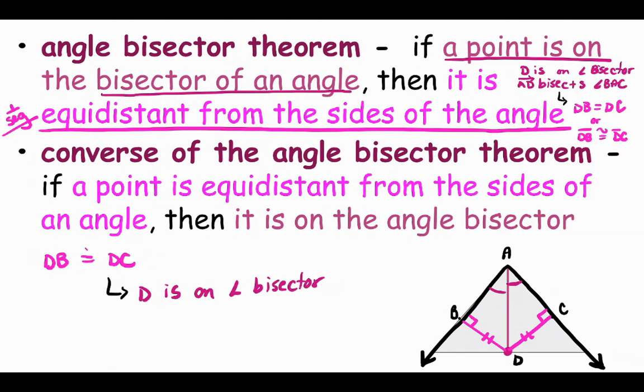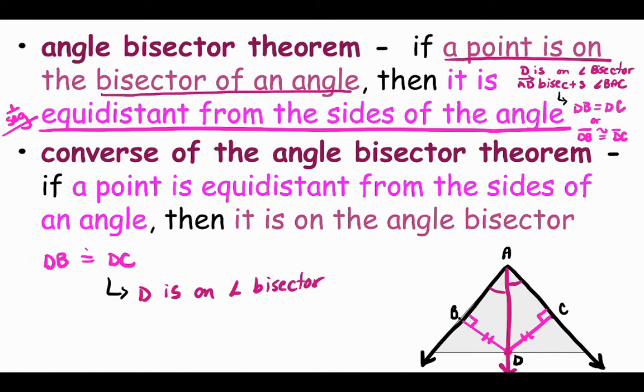Our angle bisector theorem. Remember our definition of angle bisector is a ray that divides our angle into two congruent angles. So our point D is on the angle bisector, so that ray AD bisects our angle BAC.